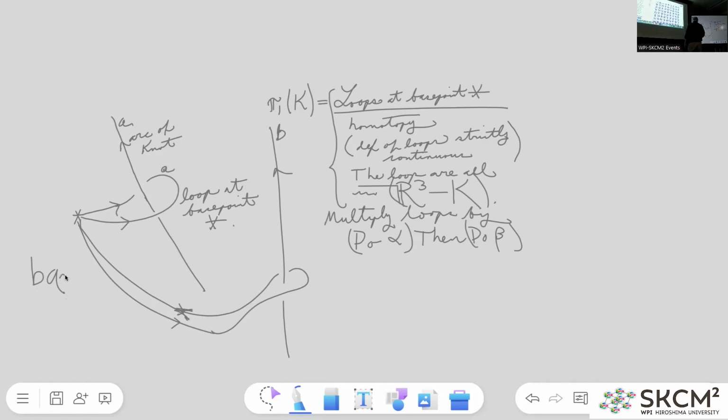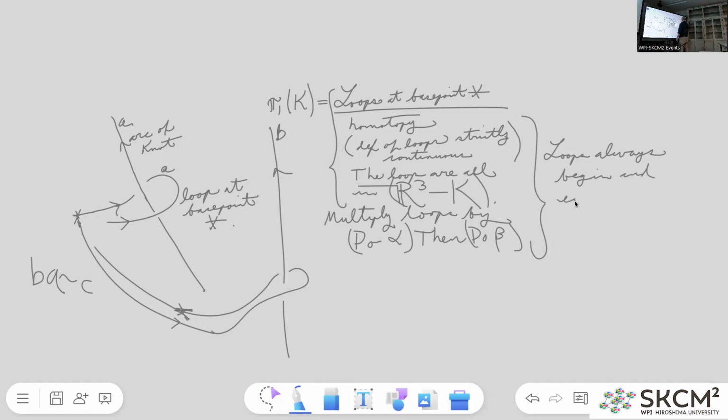But this is to be deformed, in this case, to C, which I'm about to draw by erasure, where I'm allowed to deform it a little bit in the middle. The endpoint has to stay, and everything begins and ends. Loops always begin and end at the base point, right?